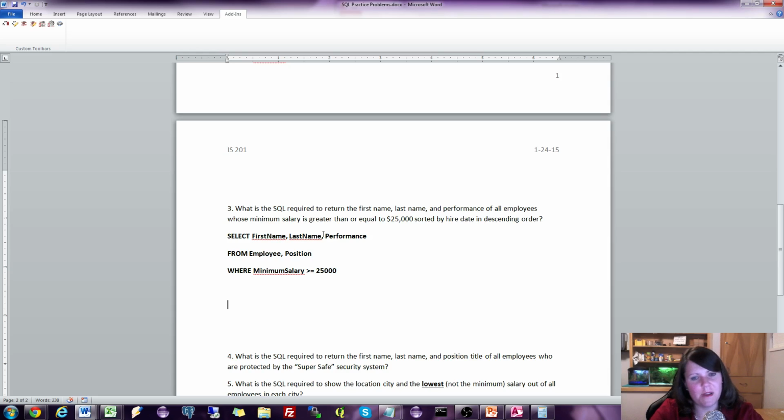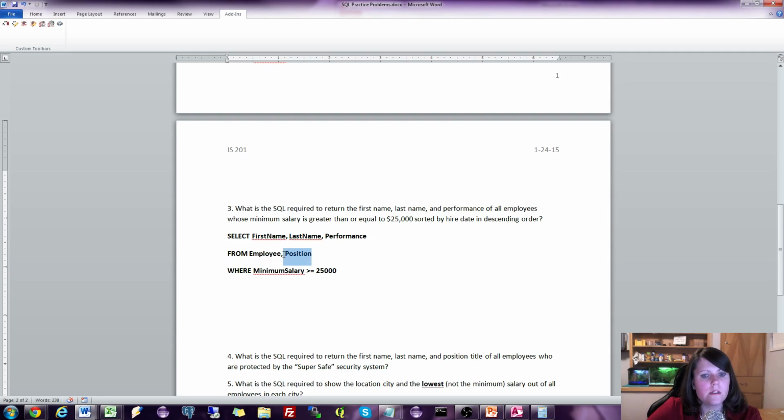Actually, I'll explain now, because I think a lot of people had questions about this. I had first name, last name, performance, and I needed to pull the minimum salary data from the position table. So I need to let the processor, the compiler, know how to get to that information, because it's not in the employee table.